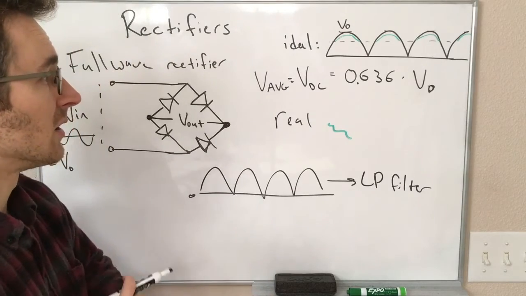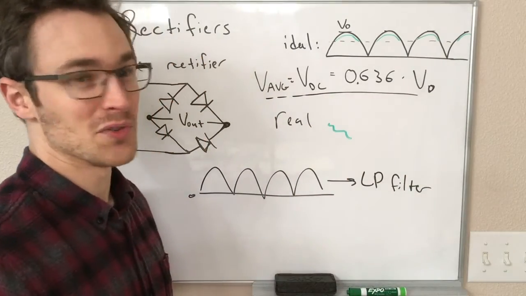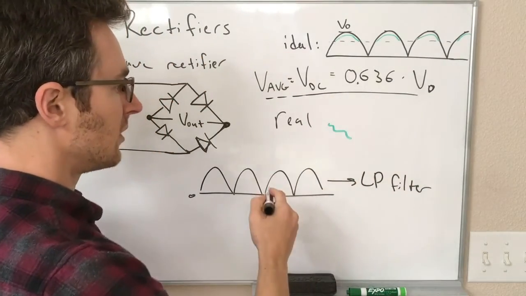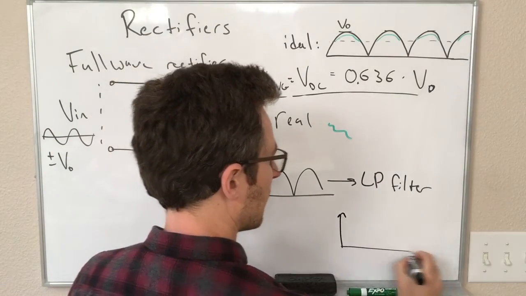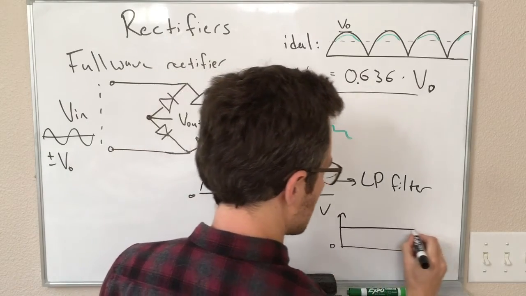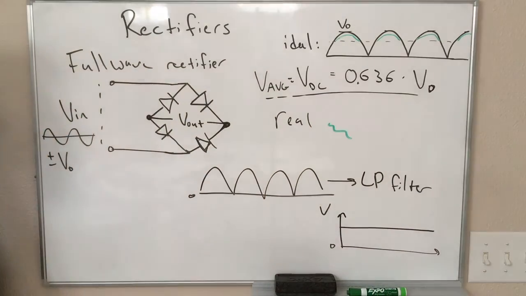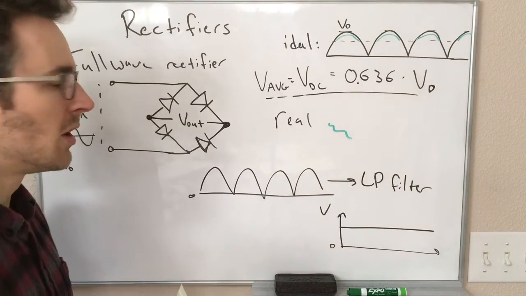In this case, the lowest frequency, f equals 0, is this average value. So if we send it out of the low-pass filter, we can end up with a voltage output that looks like this, that is constant in time and approximately equal to this DC voltage.